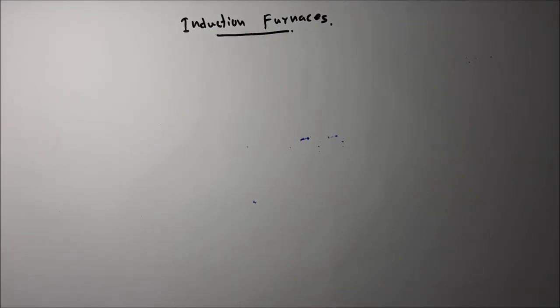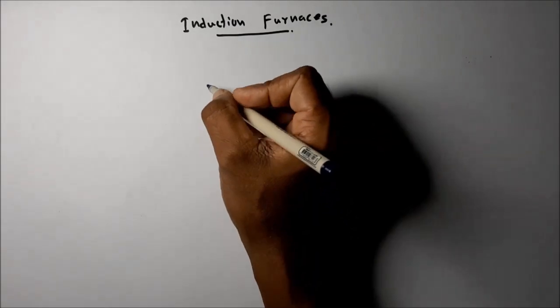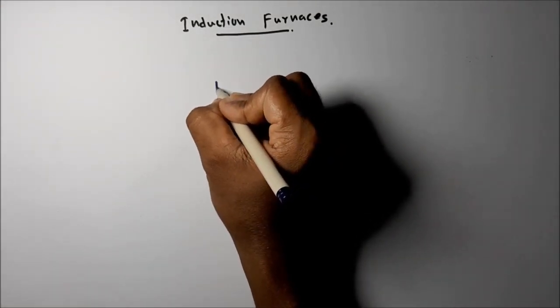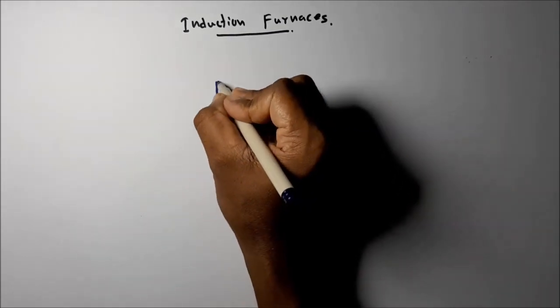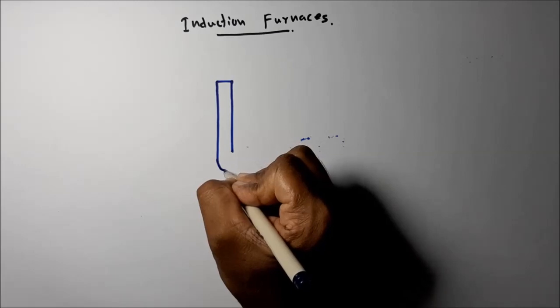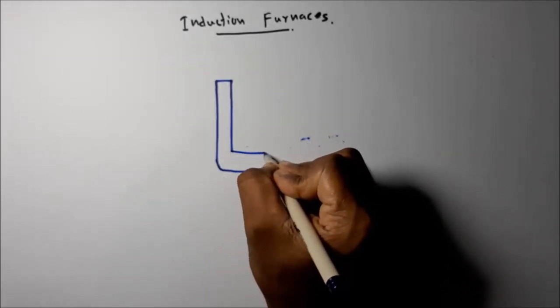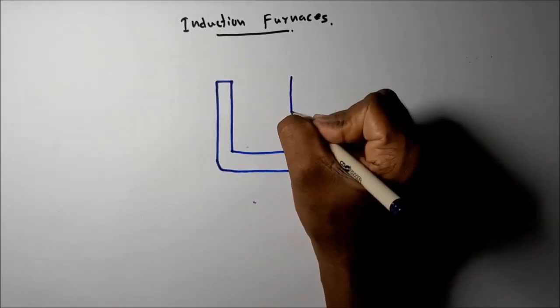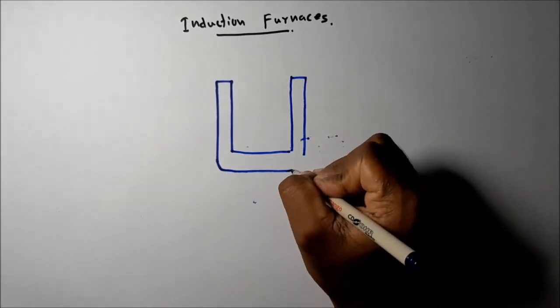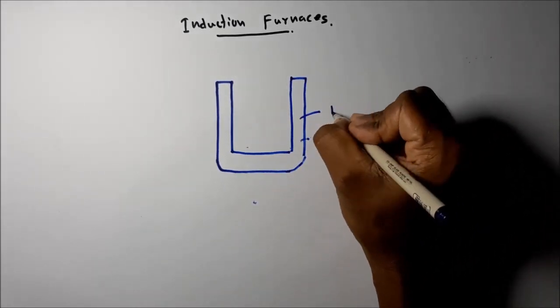So I will explain the diagram. The induction type furnace, this is just an illustrative diagram. It also has this kind of a charging container, a refractory container.